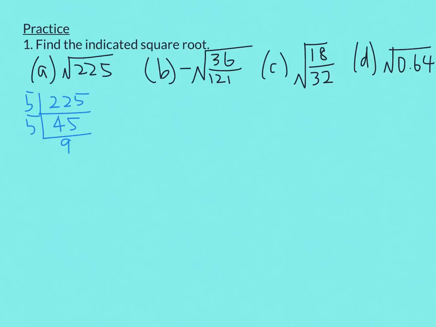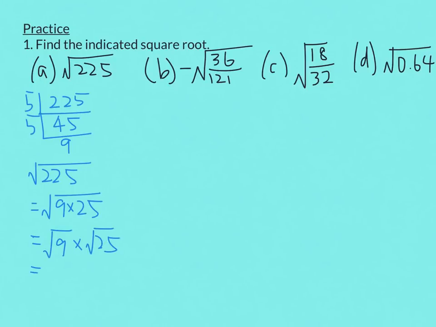So 225 can be written as the product of 9 times 25. And we can now apply the product property of square roots to break it up into square root of 9 times square root of 25. And that would give me 3 times 5, and the answer is 15.